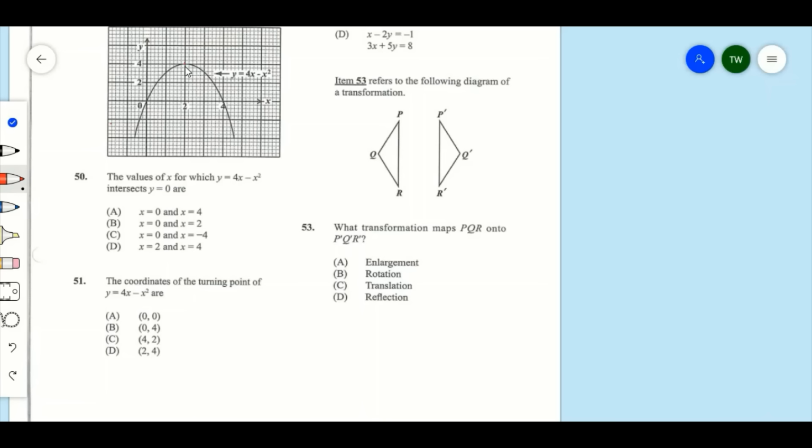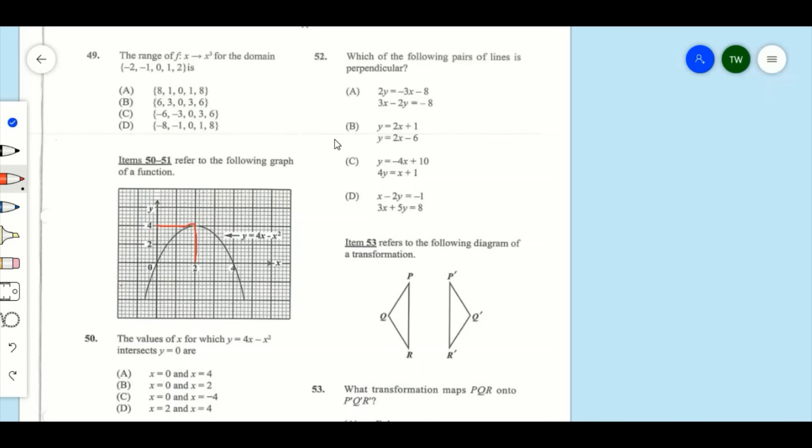So if I draw a straight line from here going down to the x-axis, that will give me 2. And if I draw a straight line going horizontal towards the y-axis here, that will give me 4. So therefore, the turning point is going to be 2, 4. So our answer is going to be D.